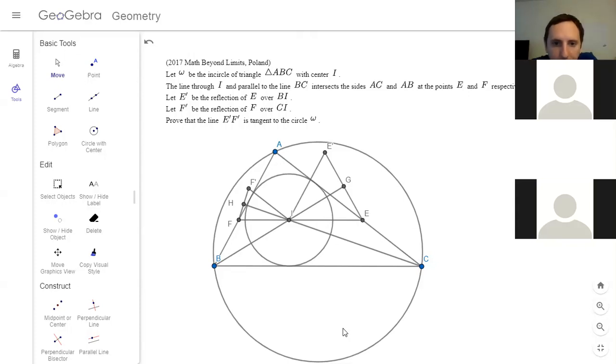Let's see. So is IF parallel to AC? Yeah, so IF is parallel to AC and IE' is parallel to AB, right?